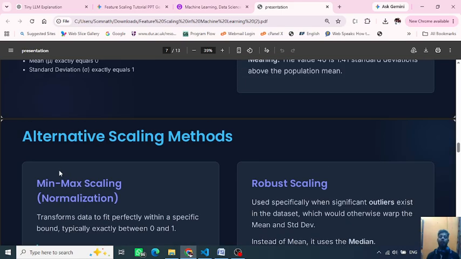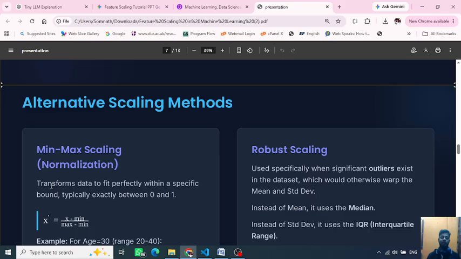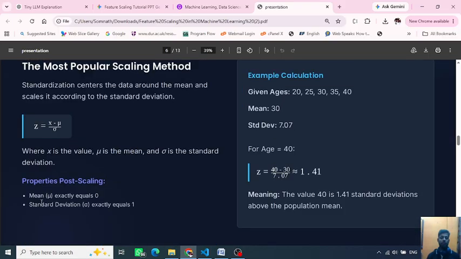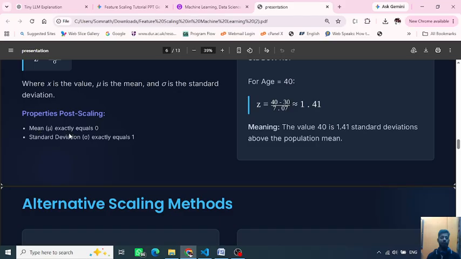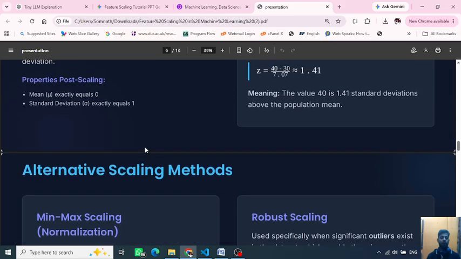Also there is another method like MinMax scaling. But before that, after scaling the mean becomes 0 and the standard deviation becomes 1.